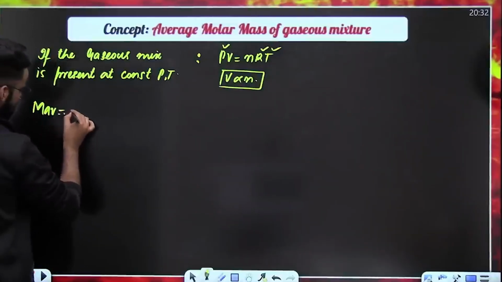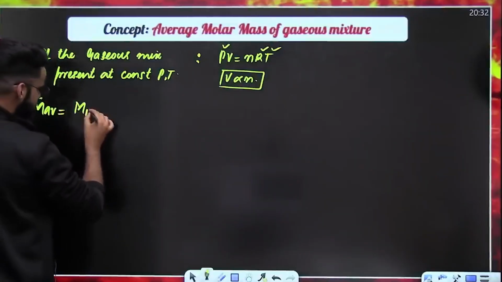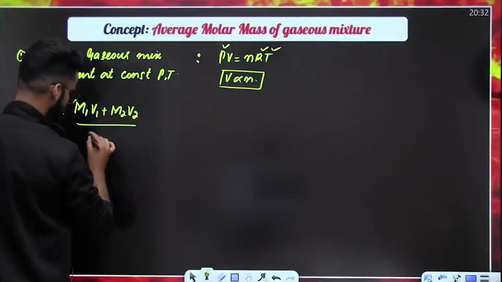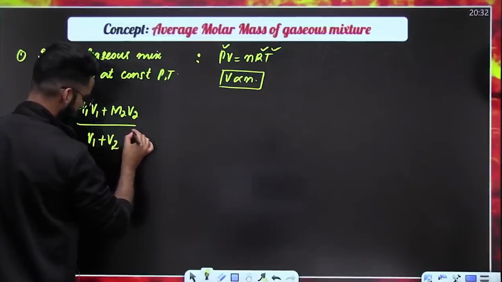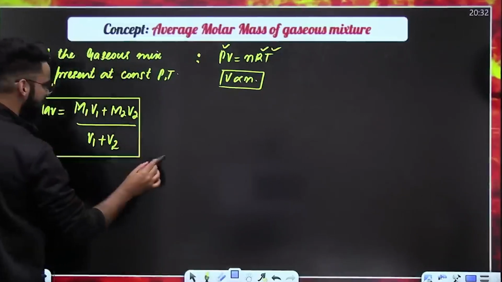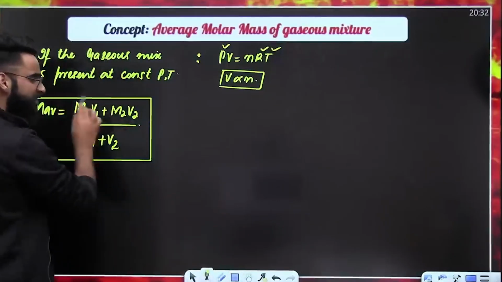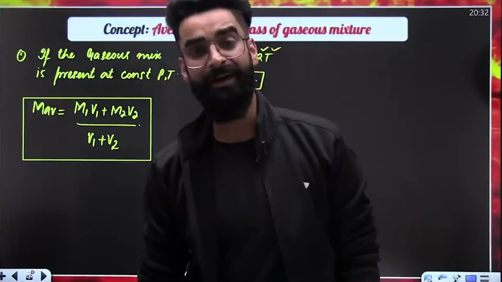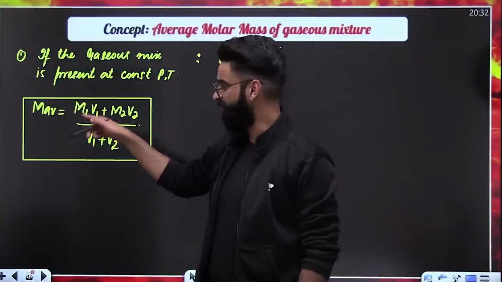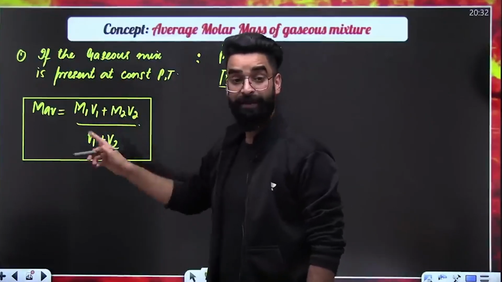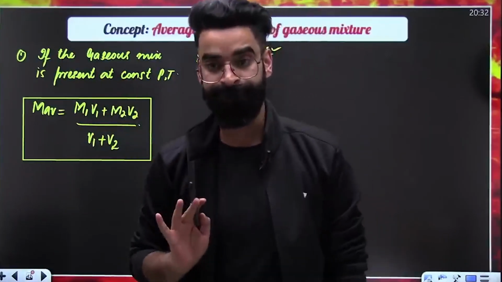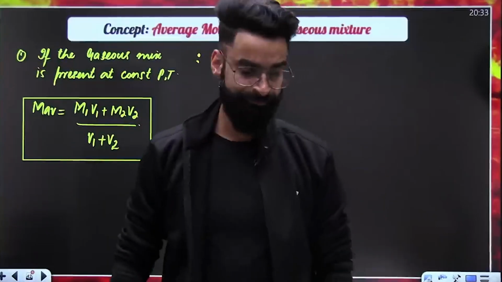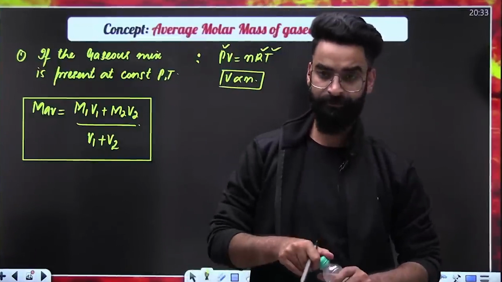Now you write the result: Mav is equal to M1, instead of N1 you write V1, plus M2, instead of N2 you write V2, divided by V1 plus V2. But if I ask whether this result to calculate the average molar mass of the mixture is valid under all conditions or not, it's not valid under all conditions. It's valid only when the pressure and temperature of the mixture are kept constant. Right? Is this clear to everyone? Quickly. Is this clear to everyone, people? Quickly.